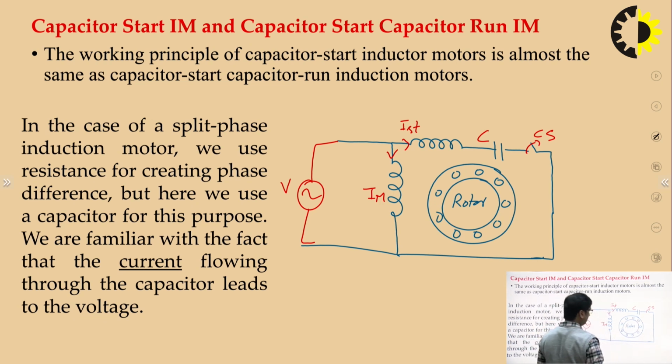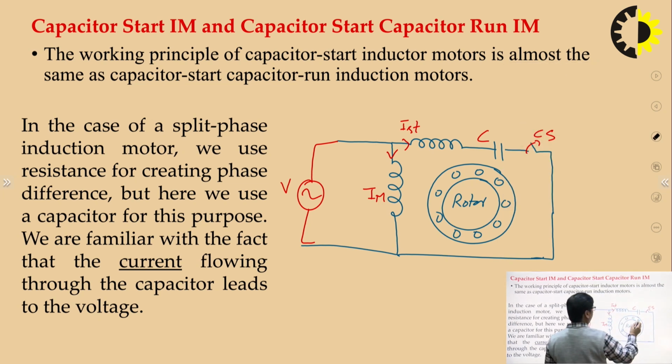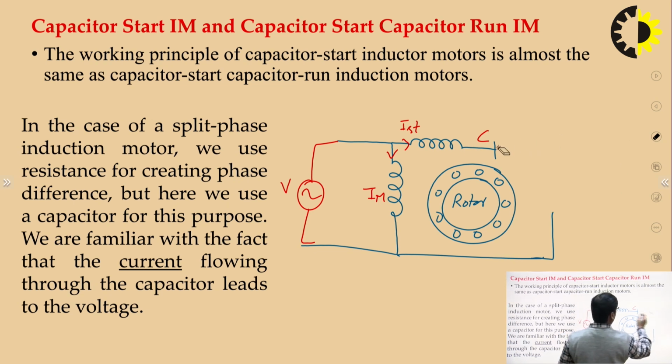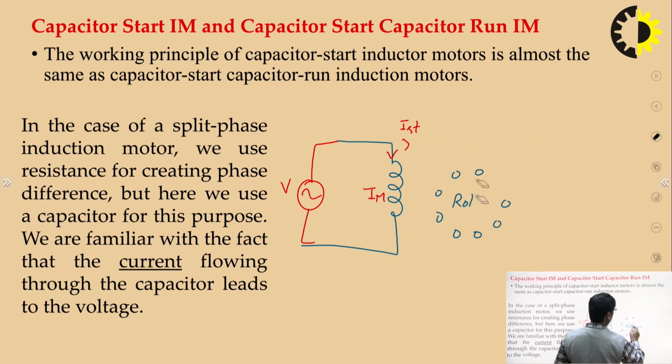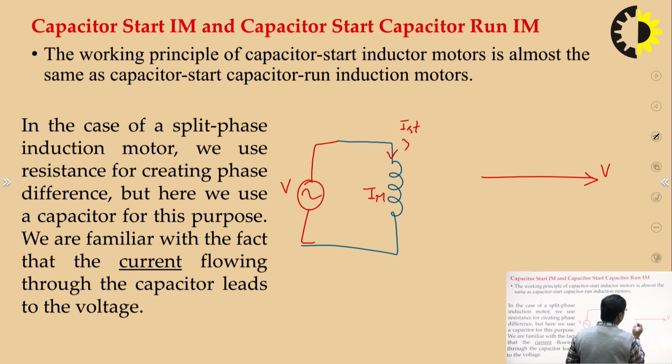Let me draw the phasor diagram of this. Let us take voltage as a reference. Then the current in the main winding is the inductive current, which has a higher angle.